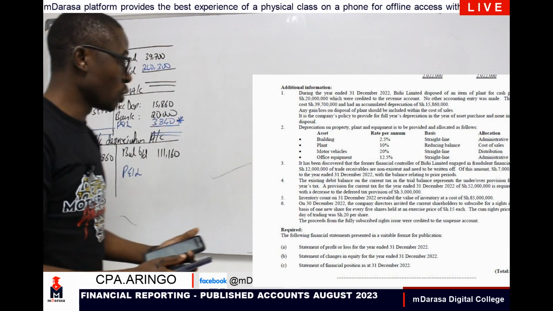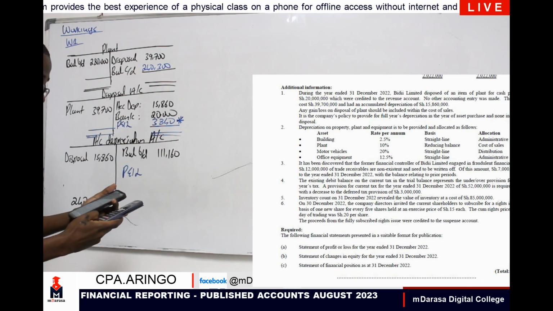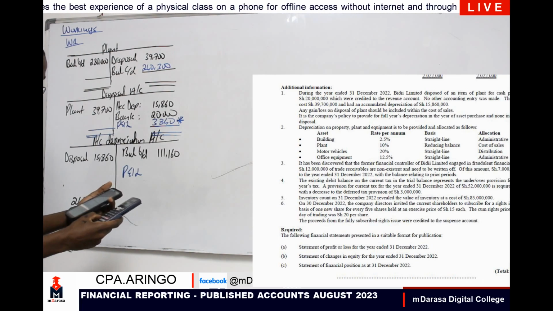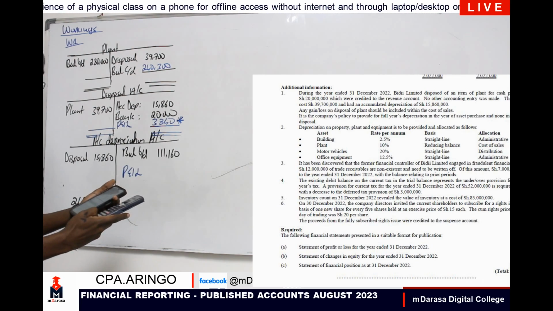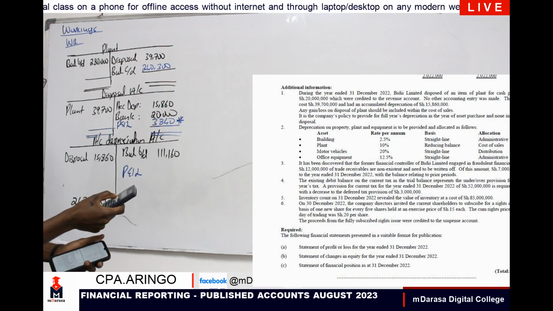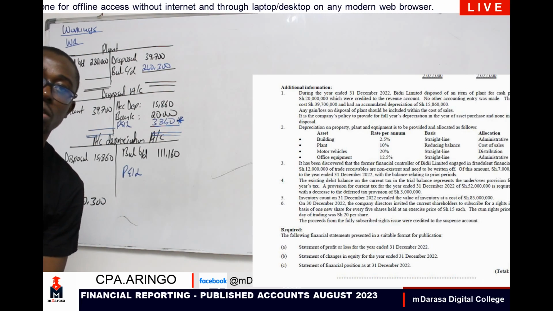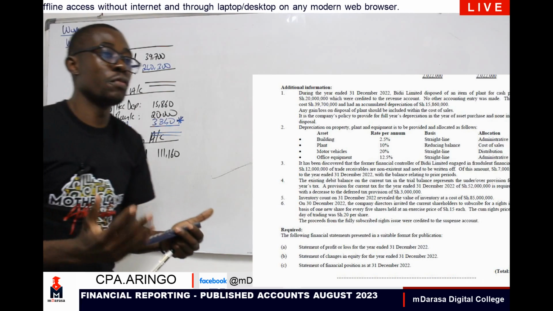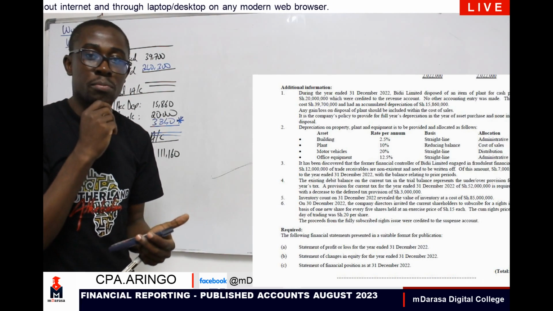So what are we going to do? We are going to take the 240,300 minus my value there of 95,300 to give me 145,000. So 145,000 is the book value as at the beginning of the period.